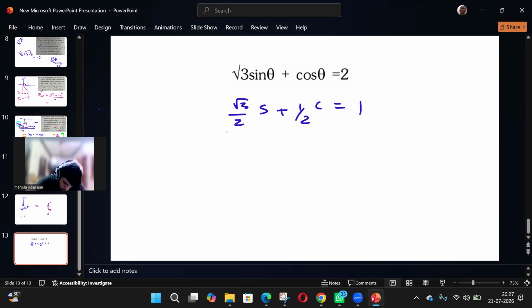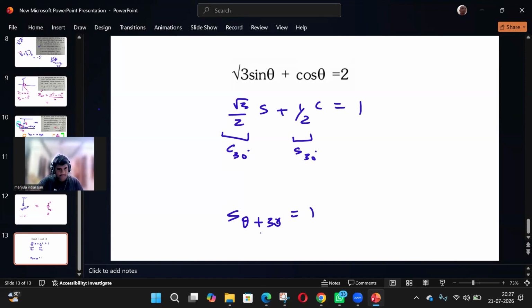So this is nothing but cos 30, right? And this is sine 30. So this thing will become sine of theta plus 30.